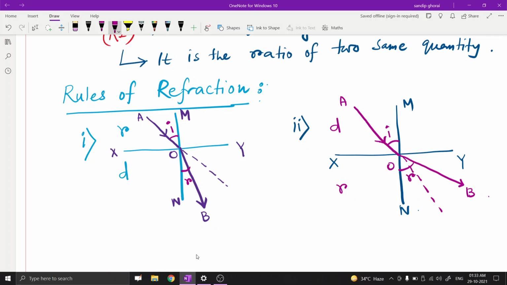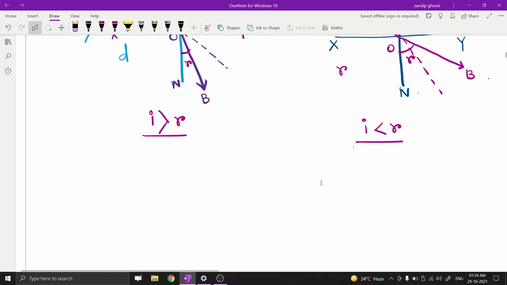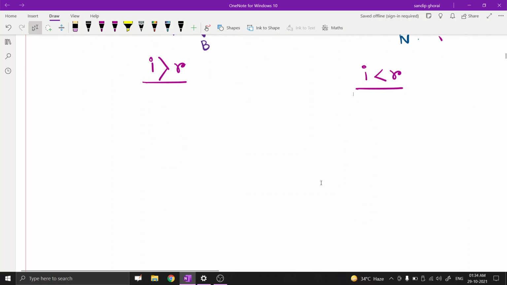For the first figure we can say I is greater than R when light travels from rarer to denser medium, and when light travels from denser to rarer medium then I is less than R. These two are very important rules.